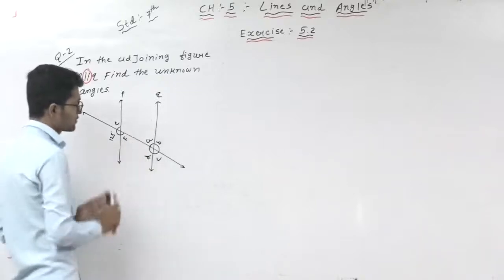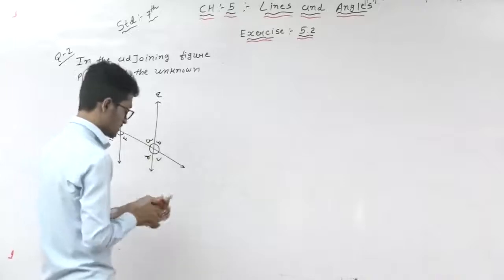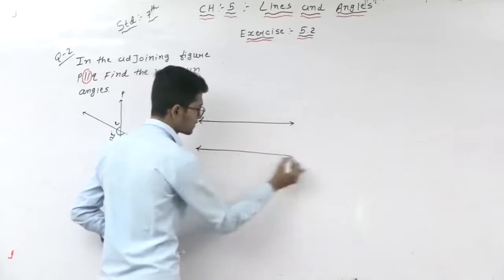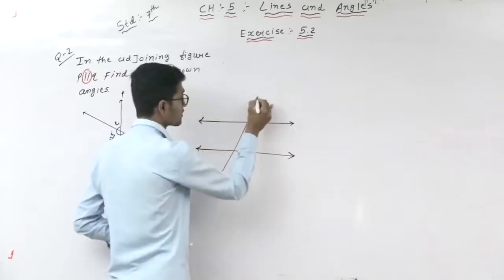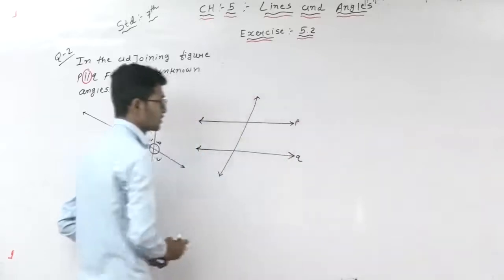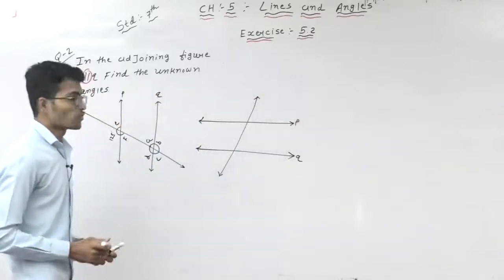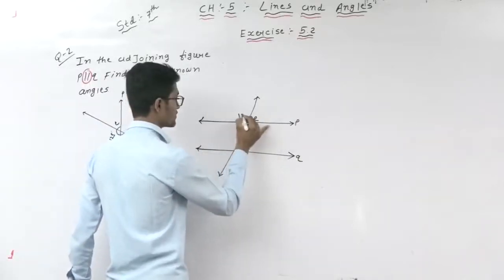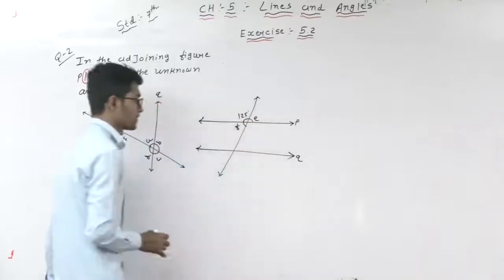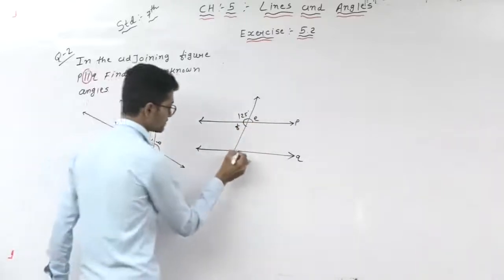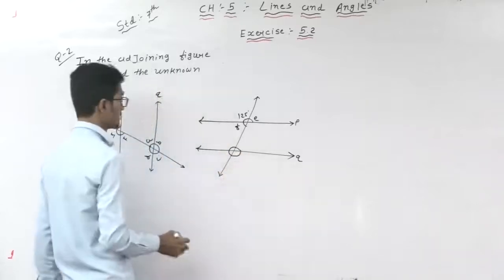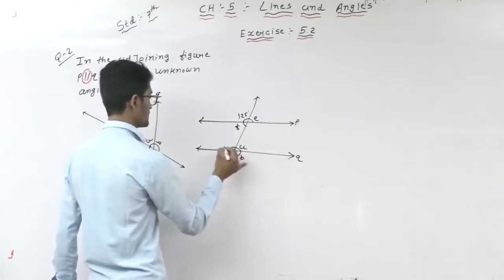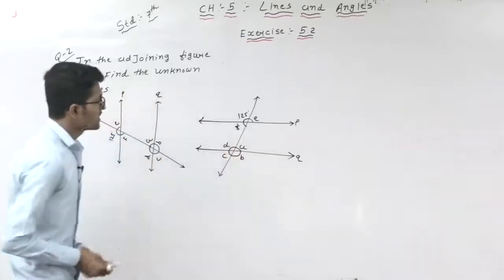So dear students, first of all, draw this figure one more time so that it is easy for you. This is how I draw it here. This one is P, this one is Q. Then here is E, here is 125, and here is F. Same here, in this way: A, B, C, and D. So this is our figure.